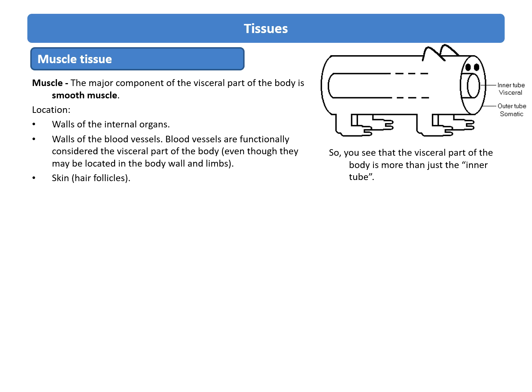The visceral part of the body, as I mentioned, is smooth muscle, walls of the internal organs, walls of blood vessels. Now, notice blood vessels are functionally considered visceral, even though they may be located in the body wall and the limbs, which is considered part of the outer tube, the somatic part. Smooth muscle is located in the hair follicles.